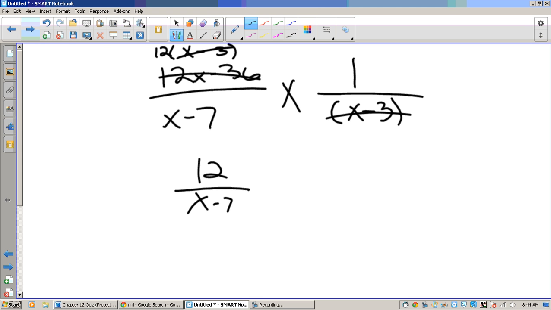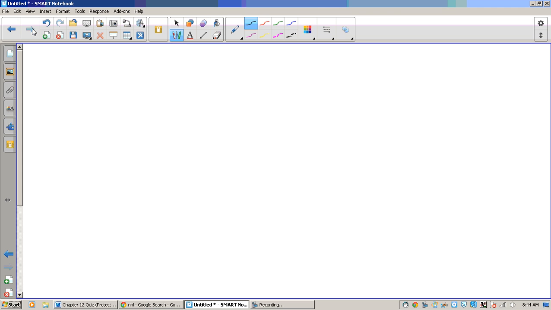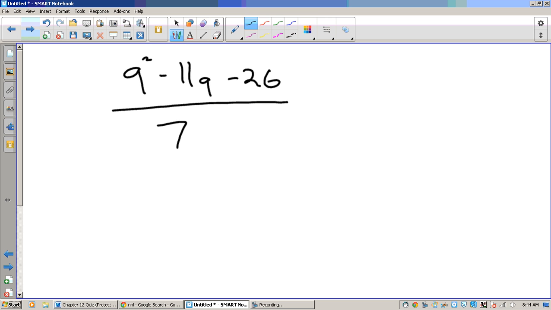Finally, our last example is expressions involving polynomials. So I'm going to give you an example of (q^2 - 11q - 26)/7 divided by (q - 13)/(q + 7).